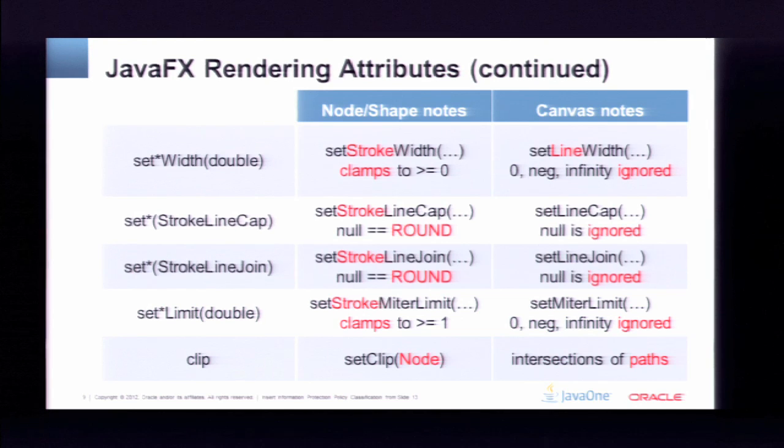You can even set a group to have a whole bunch of objects that contribute to what is clipped against this node, whereas Canvas has a more basic, typical graphics interpretation of a clip, which is just that there are a bunch of paths, and you can add a path to a clip. You can clip to a new path, which intersects the old clip with the new path, so it's constantly getting smaller as you clip to more paths.